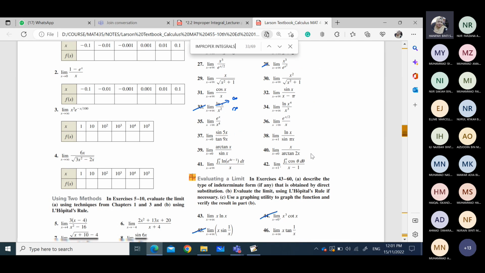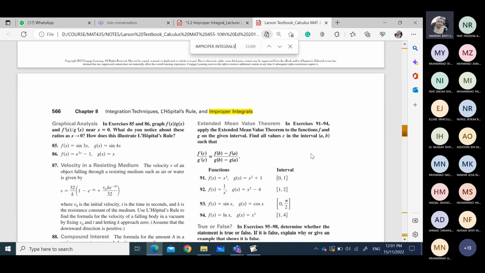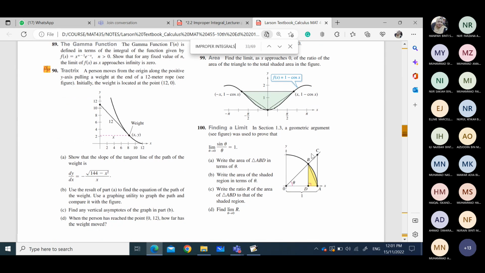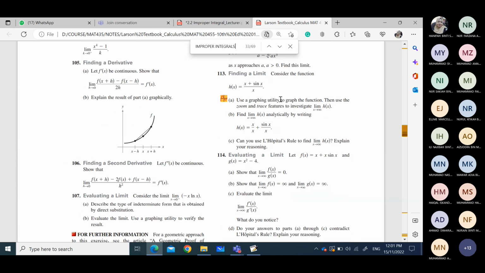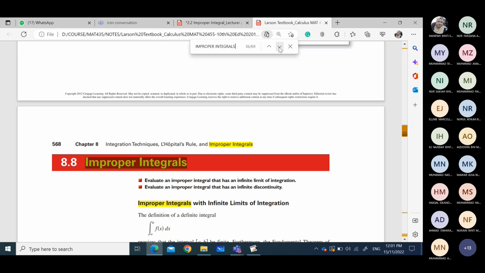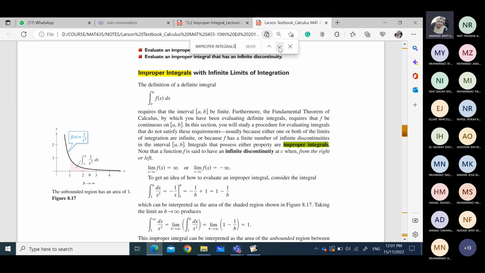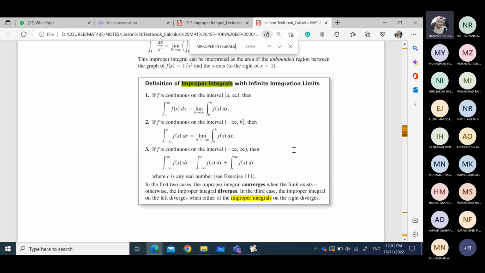Okay? Alright. Lagi exercise improper integral. Okay, so ini nota berkenaan improper integral in textbooks. This one, definition of improper integral.